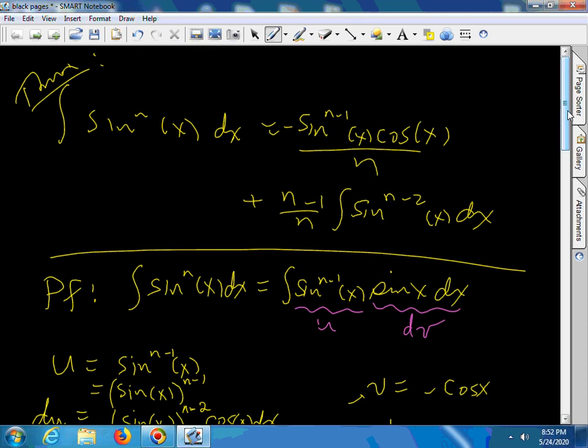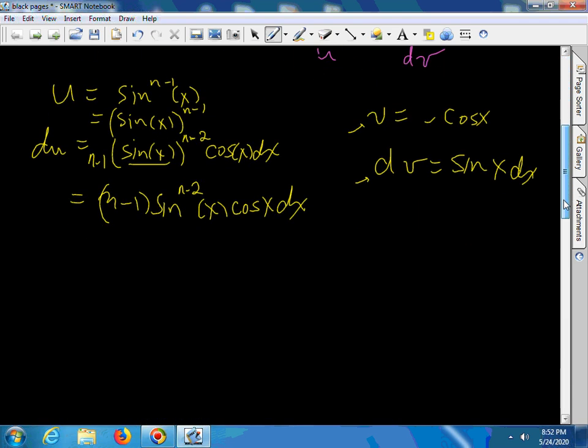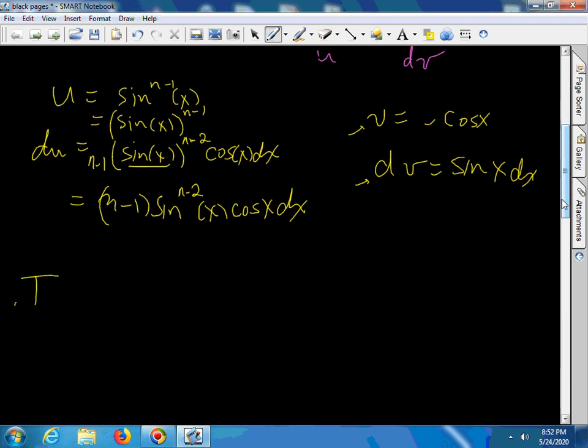Now, I'm going to call the original integral I. So I is equal to u times v, which has a minus sign. So it's negative sine n minus 1 of x times cosine.